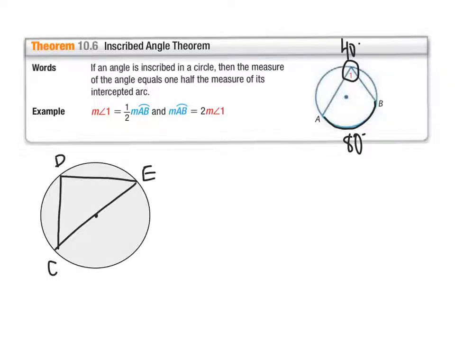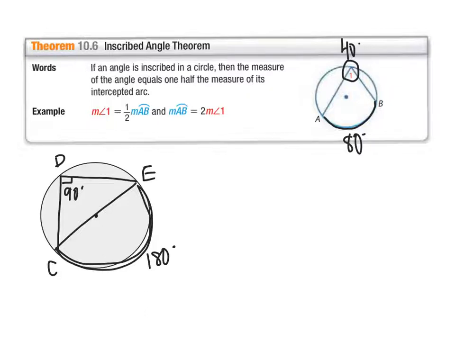This picture is going to make the theorem make a little bit more sense. If you take a look at this picture here, the line CE, that's going to be the diameter of the circle. And then notice this is a right angle here. We all know that right angles are 90 degrees. And we also know from previous lessons that the measure of this right here is going to be 180 degrees because we know the entire circle is going to be 360.